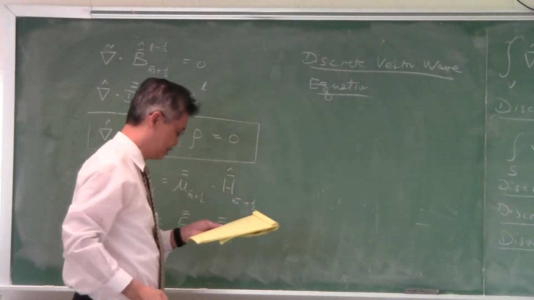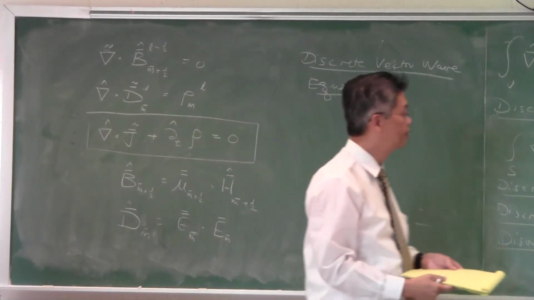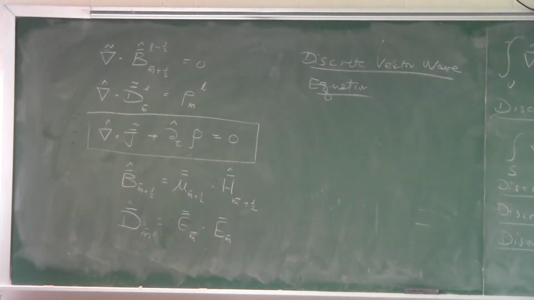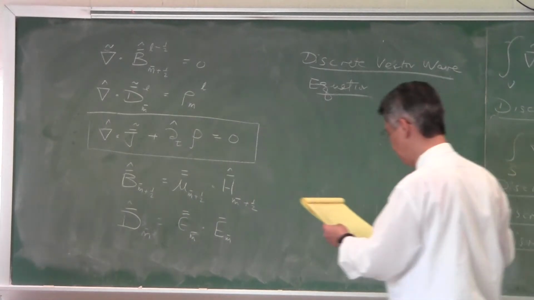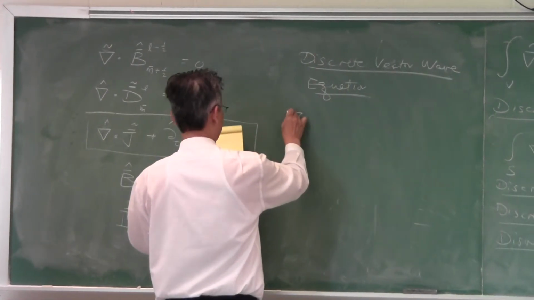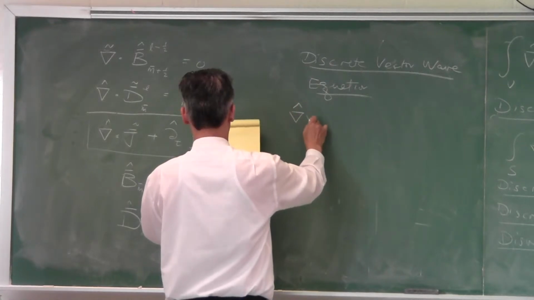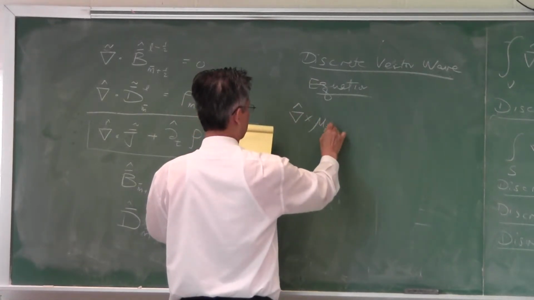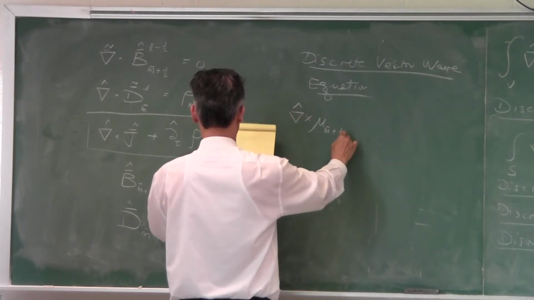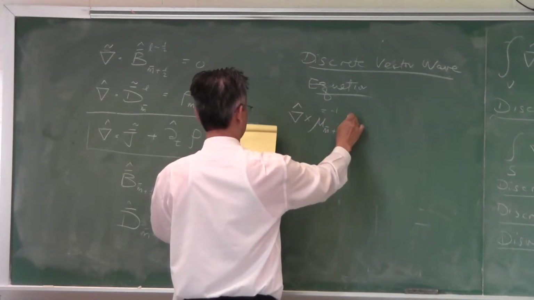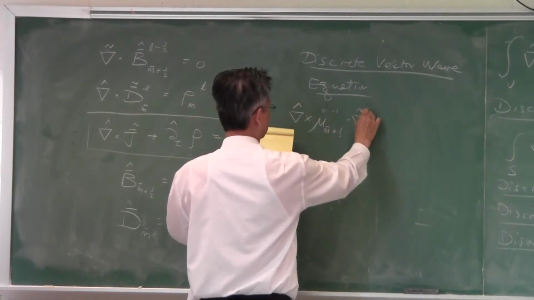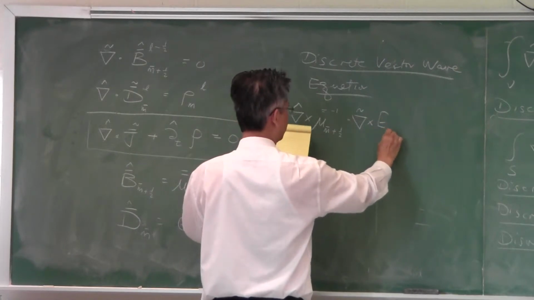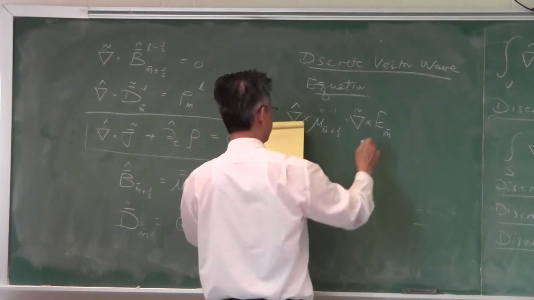You derive the discretized vector wave equation by just taking the mu inverse and then the curl of this equation. Okay, you can show this equation quite easily. And this is the equation you have seen in chapter 1 of my book.